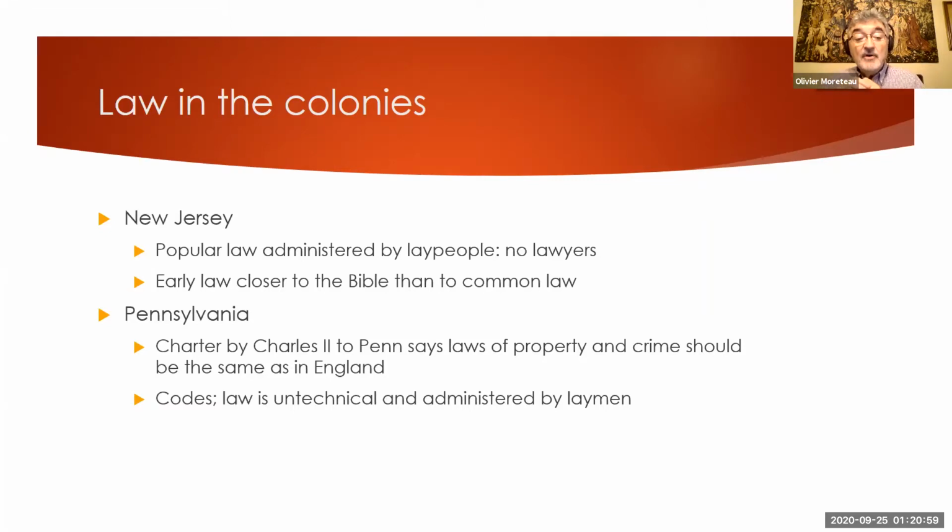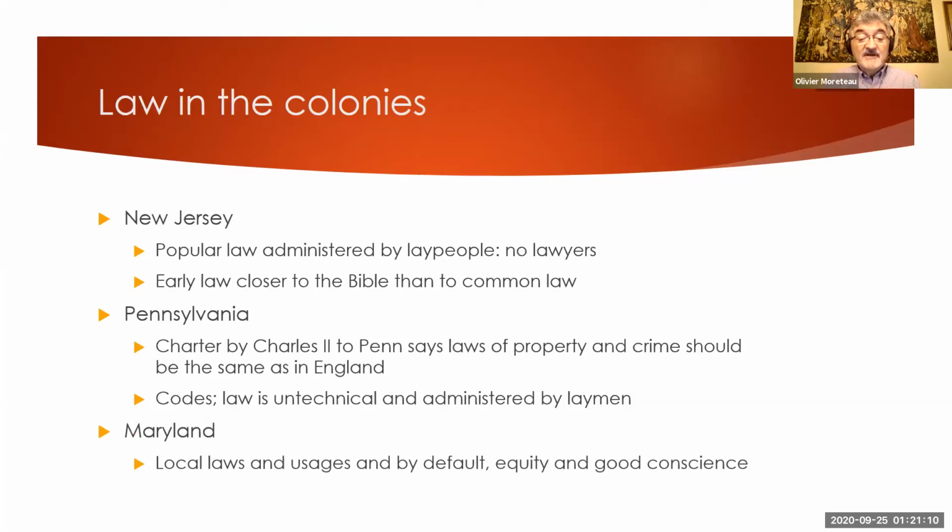They also had codes in Pennsylvania. Law was rather untechnical and was largely administered by laymen. Maryland favored local laws and usages, and by default, they would follow equity and good conscience. So pretty much a natural law spirit in the colony of Maryland.